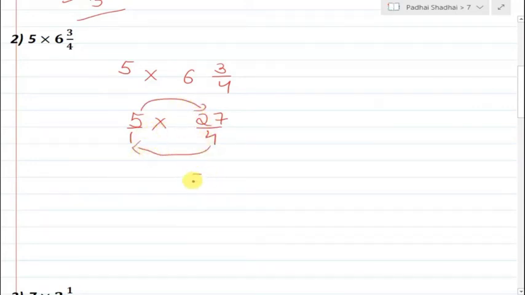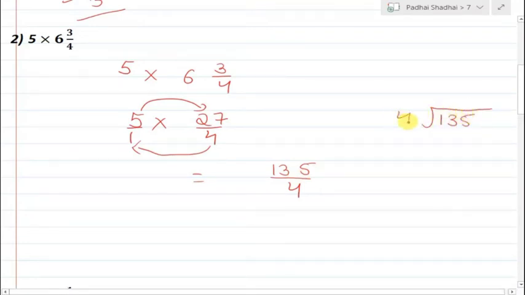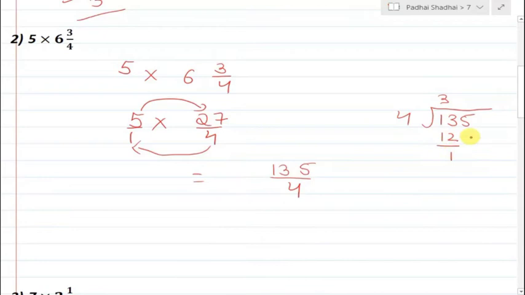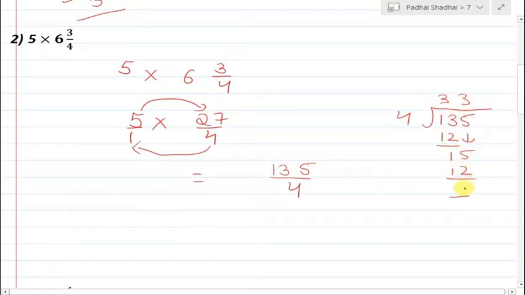27 fives are, we will get the answer: 7 fives are 35, carry 3, 5 twos are 10 plus 3, 13, so 135 by 4. Again beta, we have to convert it into a mixed fraction here, so let us do it. 135 divided by 4. 4 threes are 12, so 1 will be left and 5 will come down. 4 threes are 12, 3 will be the remainder.